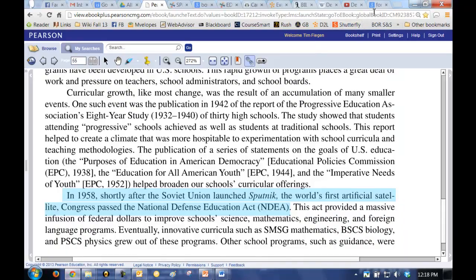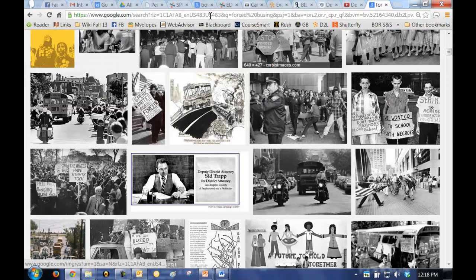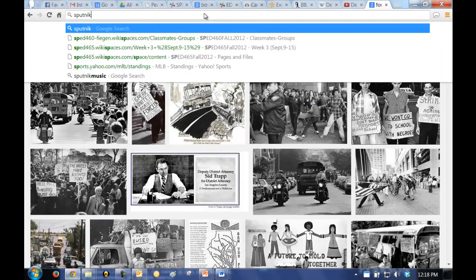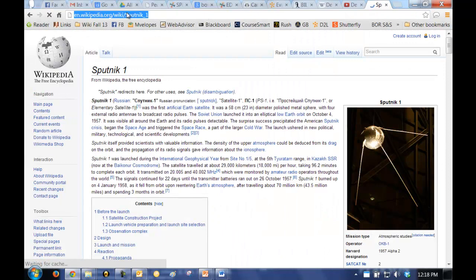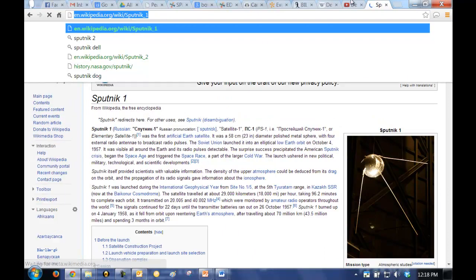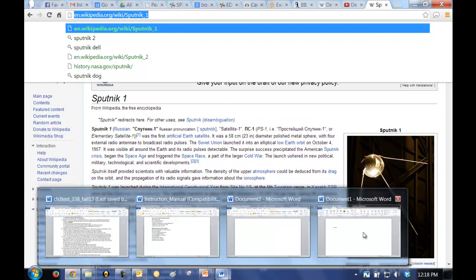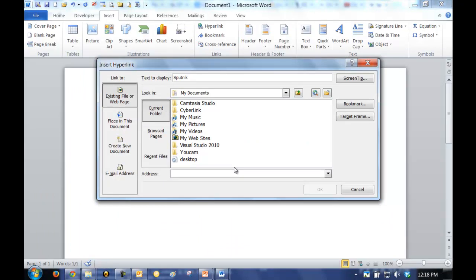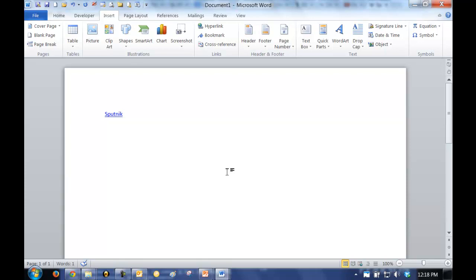I can grab one here like this. So if I want this here, I copy this URL, and I come back to this paper here, and I drop it in there like this, and now that's hyperlinked.